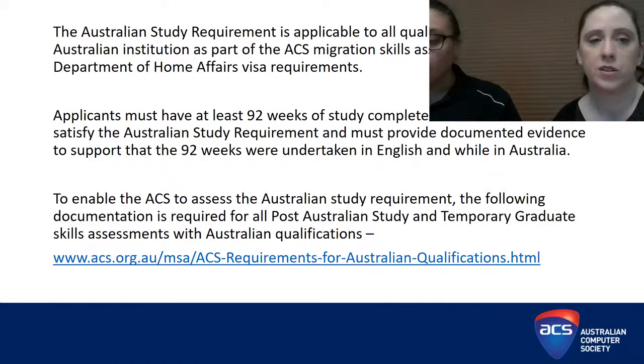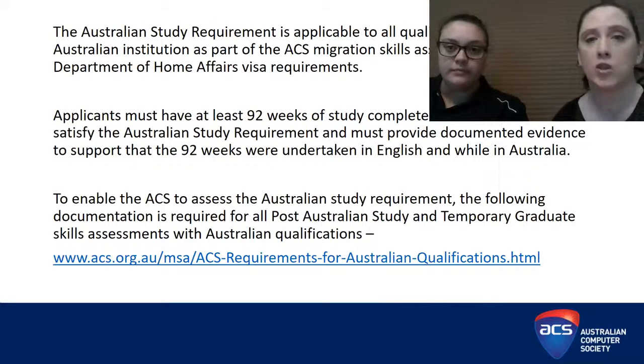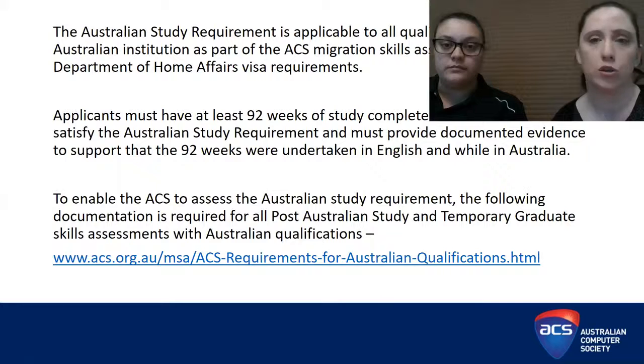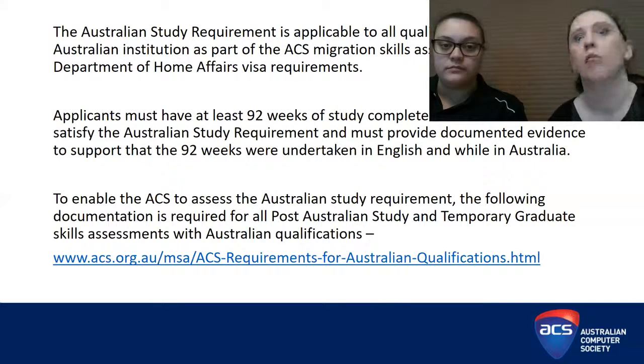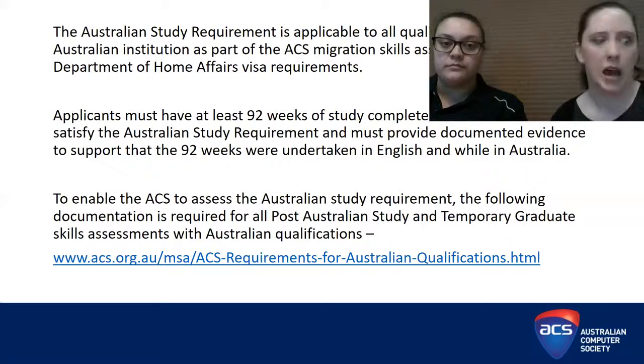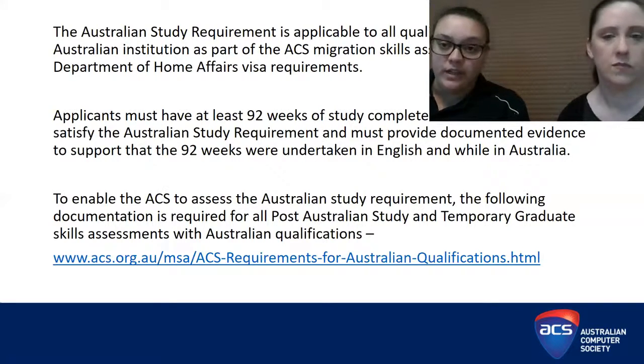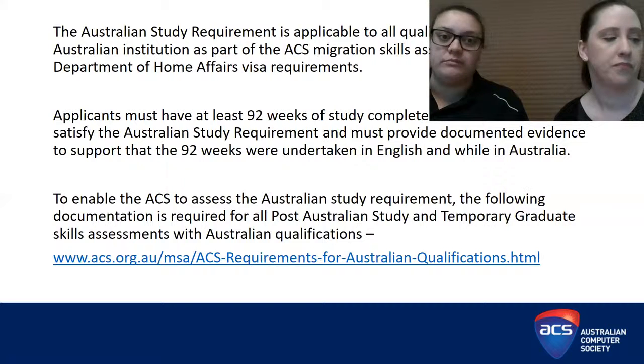We also want to confirm that it is a requirement for the Department of Immigration. We would much rather assess you against that criteria at this end, rather than you get a suitable outcome, go to the Department of Immigration, and then they find that you don't meet the 92-week requirement. So that's why we stipulate that you meet that requirement at this stage, just to help you out at that end. This is all on our website as well, which is why we can't stress enough.